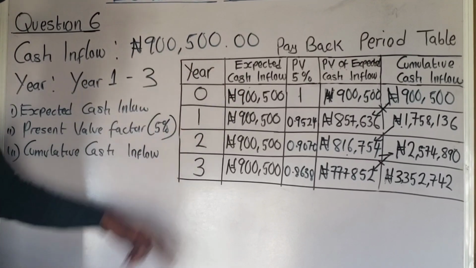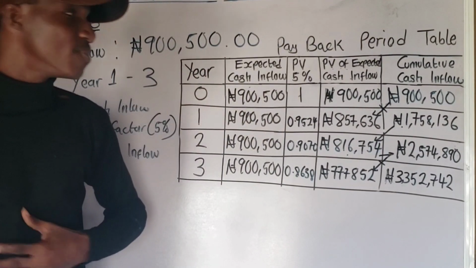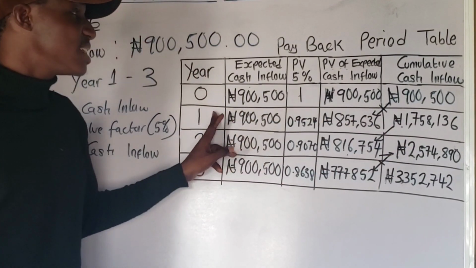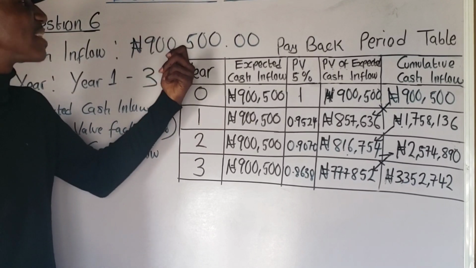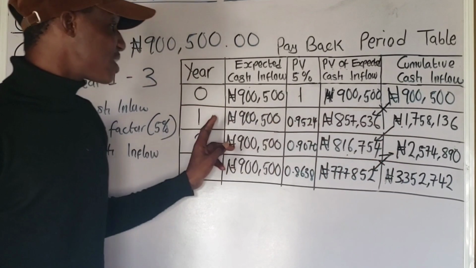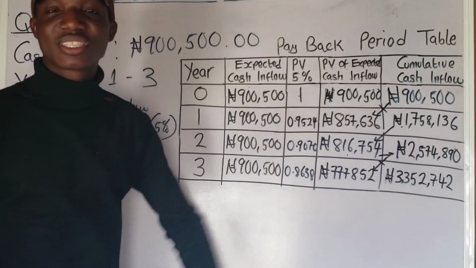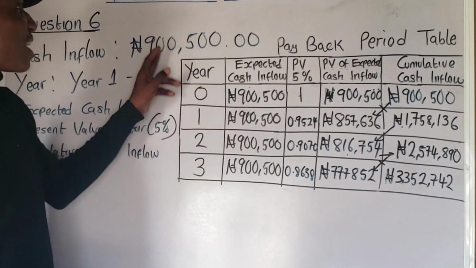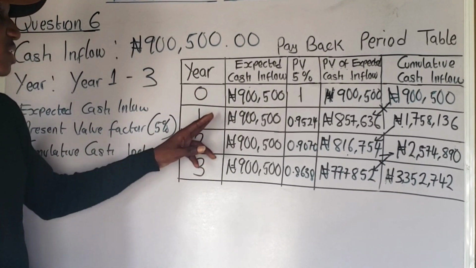Now the cumulative cash inflow of year 0, the year of moratorium, is this. At the first year, it is greater than 900,500 naira. You can see the cumulative cash inflow of the first year is 1,758,136, so it is greater than 900,500 naira. So the break-even period of the approved loan is year 1.